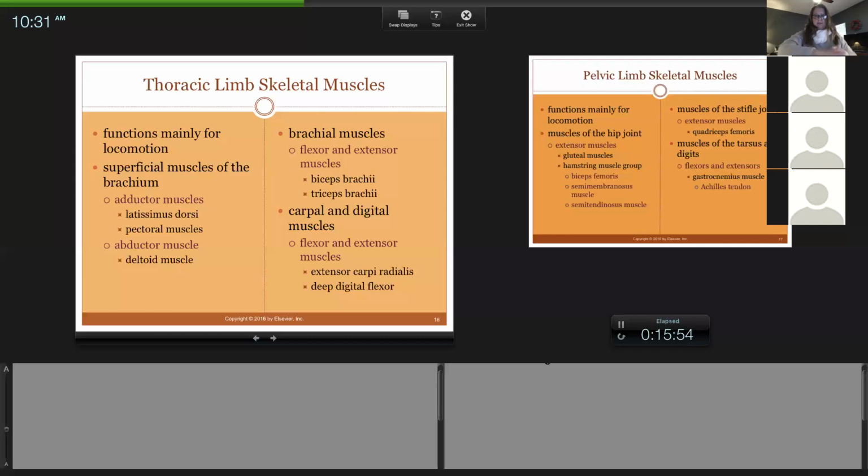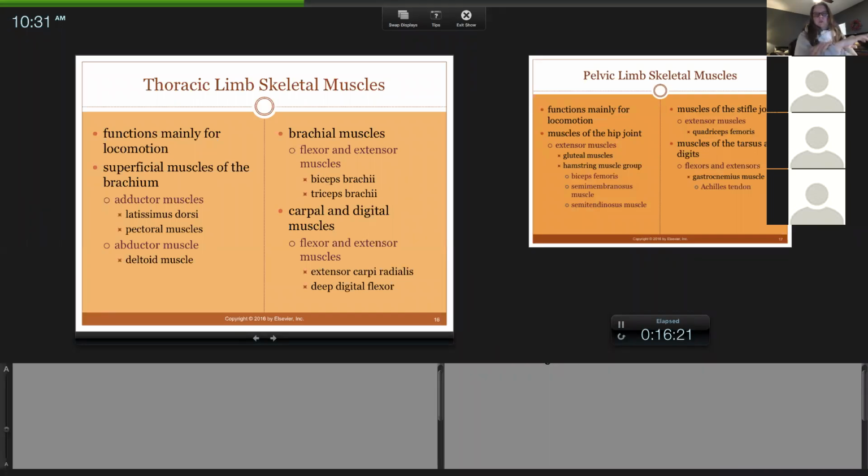So what happens is extensor carpi radialis is on the anterior or dorsal surface of the antebrachium. But what it's going to do is when that muscle contracts, we have origin at the proximal radius ulna, we have insertion at the carpus and the digits. So when it contracts, it's going to extend the carpus and partially extend the digits.